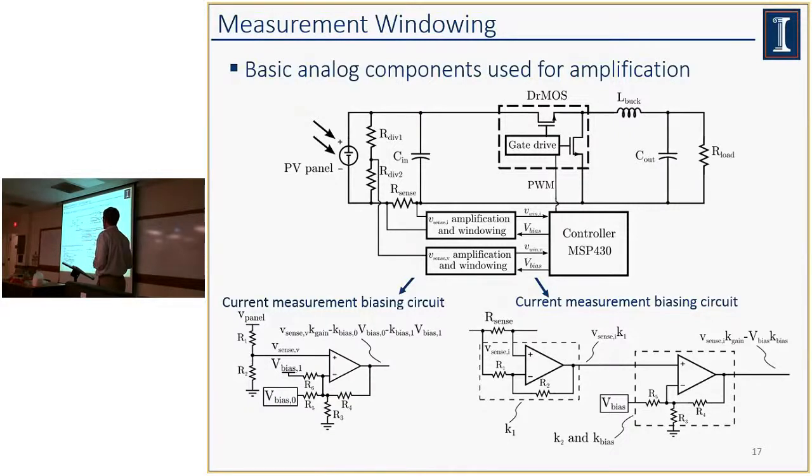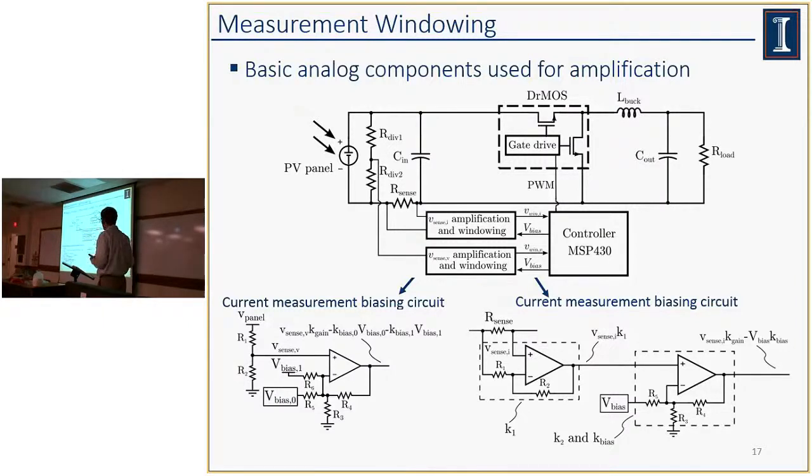Because of the ranges that the voltage operates over, from some 50% of open circuit voltage to 100% of open circuit voltage, basically we don't need to go down to 0. So we bias this a little bit differently than we bias the current, which goes from 0 to the full short circuit current of the panel.